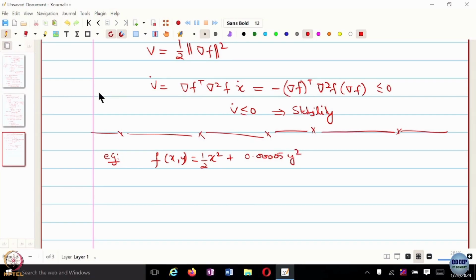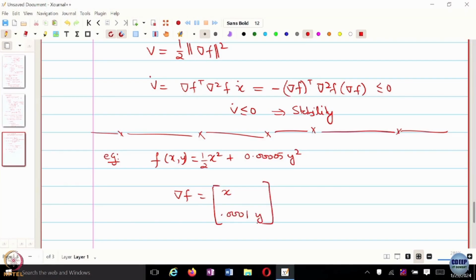So what is the gradient of this function? The first term is x, and the second term is 10001. Okay, so that is the gradient.